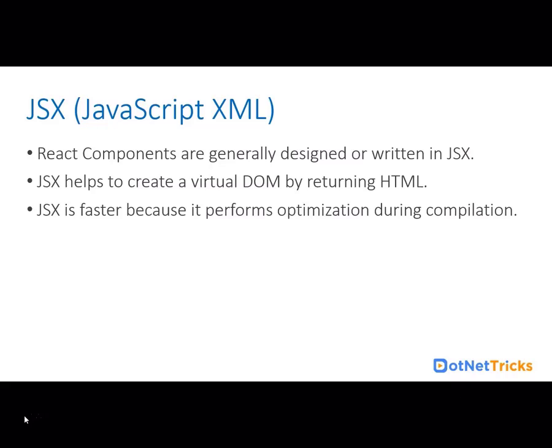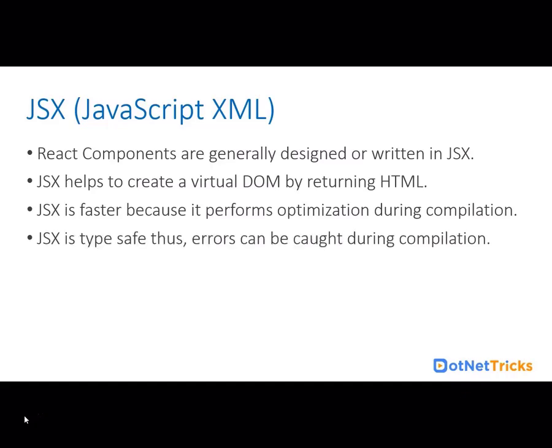Whatever JSX syntax you write is actually compiled into pure JavaScript. Let's say if you write an H2 element in JSX syntax, it actually compiles that into the JavaScript pattern, where we use the createElement method to create the H2 element in HTML.